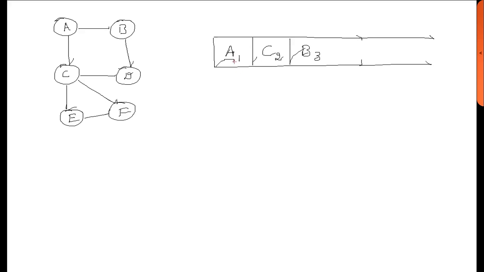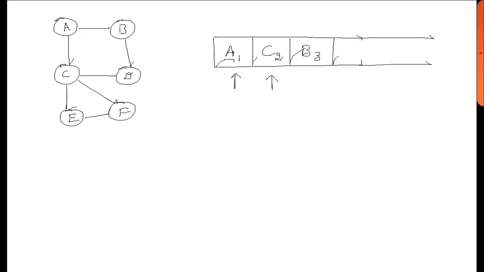Now, since deletion should happen from the front end, this would have been front end till now, and now A will be deleted. So after deleting A, front would be C. Now we have to check any vertices which are connected to C. So for C, the connected vertices are E, F and D. So now all the three have to be inserted into the queue one after the other.